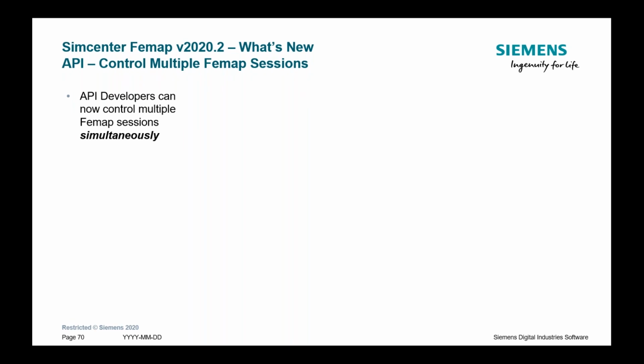Down here in miscellaneous, this is mostly API stuff. API developers can now control multiple Femap sessions simultaneously. This is something a lot of people who've built whole products or whole toolkits on top of Femap always want, to be able to pick and choose which Femap they want to be connected to. This includes Excel VBA developers. It's forward compatible.